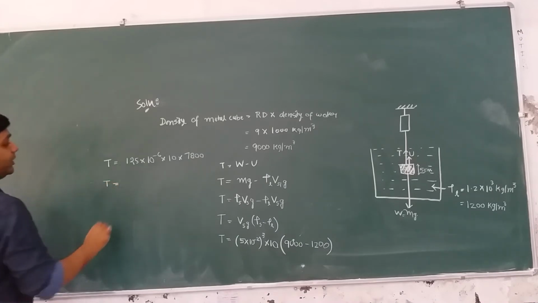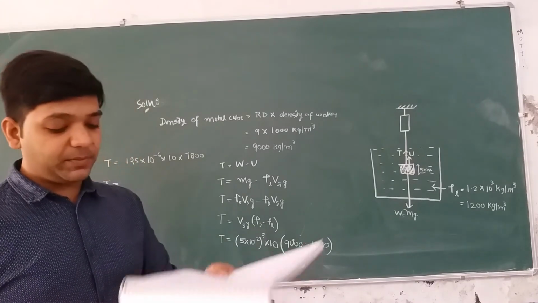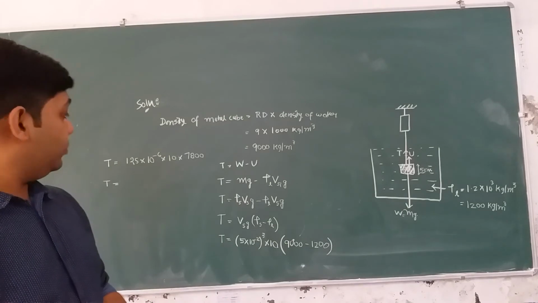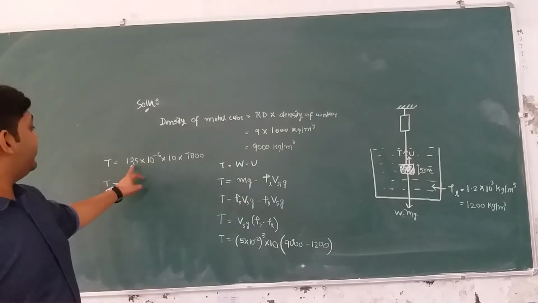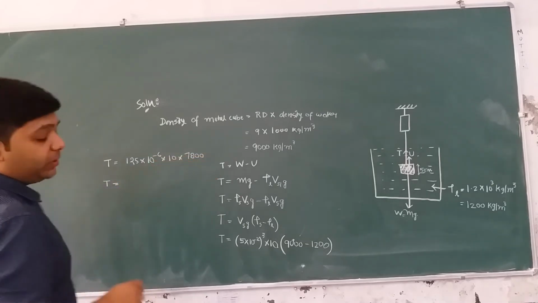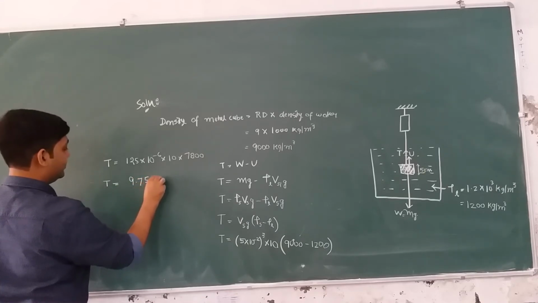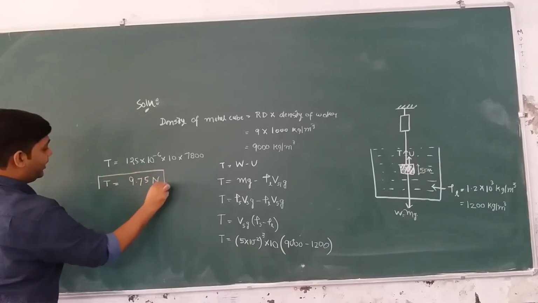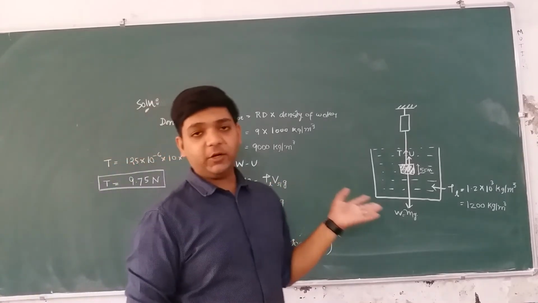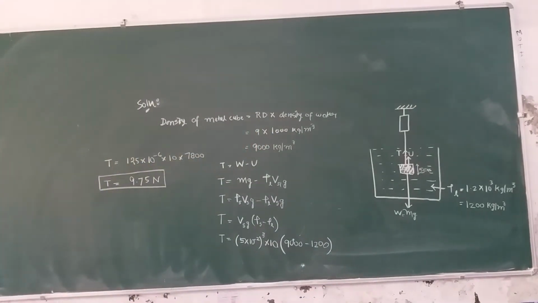So T will be equal to, please multiply it, and now I am telling you the result. You can multiply this by yourself. The answer is 125 into 10 raised to the power minus 5 into 7800, and on solving this you get the answer as 9.75 N. Fine. I hope this question is also clear to you, and you can definitely expect such kind of questions in your exams. Okay? So please note it down and then we shall move forward.